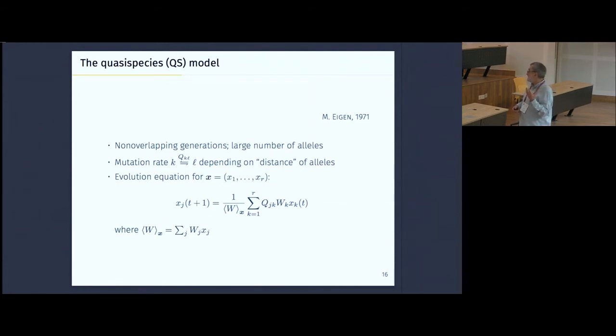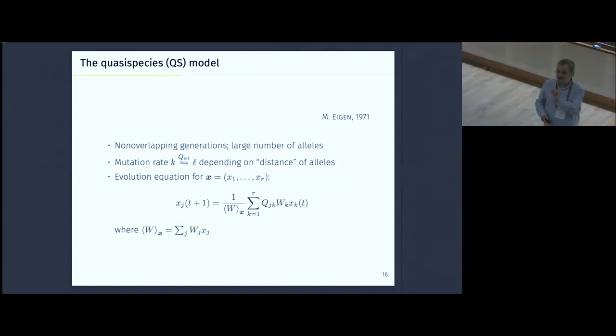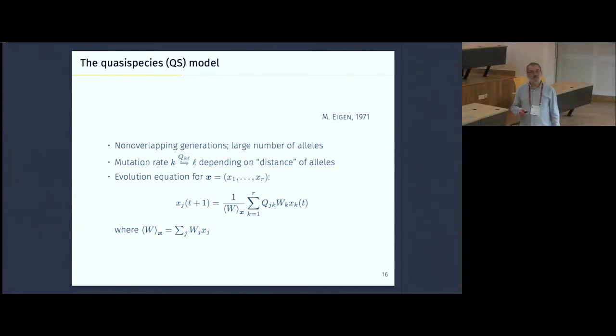We are in discrete time, so it's a positive number for class k. And then we have this matrix, Q_kj, which tells us what is the probability that in one generation you go from an individual having k mutations to j mutations, which is some structure I'm not going to discuss. And the average value of the Wrightian fitness is defined in the usual way like that.